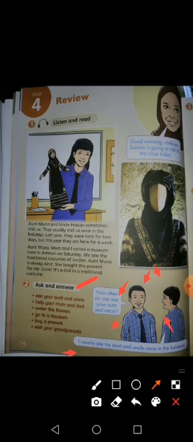Okay, once, مرة واحدة. So ask, for example, your sister, your mother, your father, or whomever you want, your brother, or your friend.